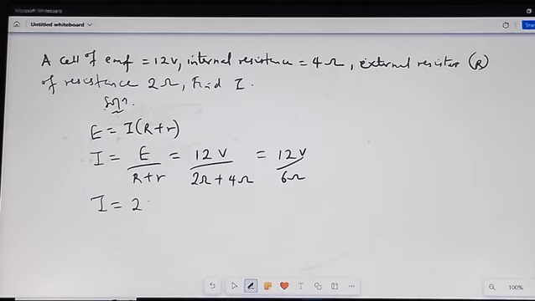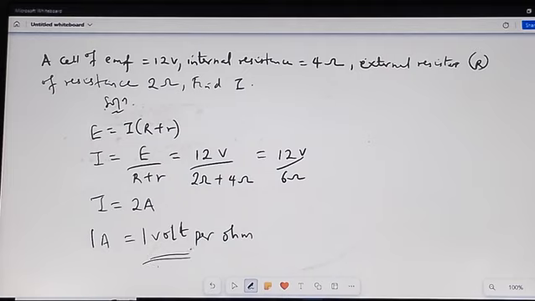Now there is one remarkable thing you need to note in this equation. You can see that the unit of current is the ampere, but in solving we have voltage over ohm, so it implies that 1 ampere is equivalent to what? 1 volt per ohm.